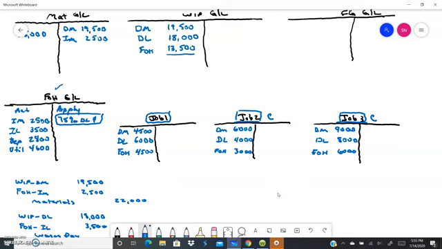And that's how much comes out of factory overhead. That's what's applied out of factory overhead and into the jobs for the month, 13,500.